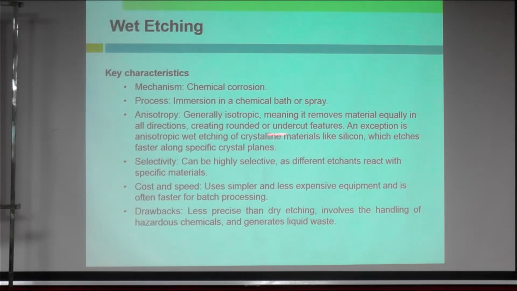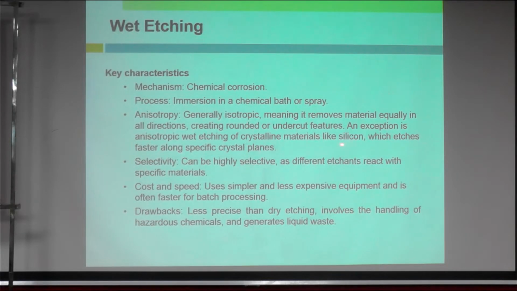An exception is anisotropic wet etching of crystalline material like silicon, which etches faster along specific crystal planes. If the material is not silicon, it will be removed in all directions. But silicon has a crystal direction, so even though it is still attacked, the rate might be different in certain orientations of the crystal.